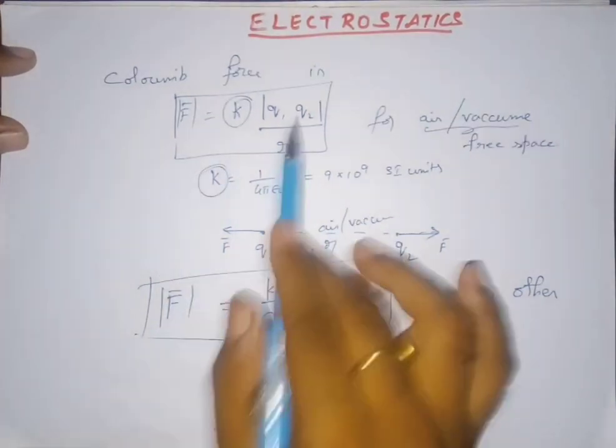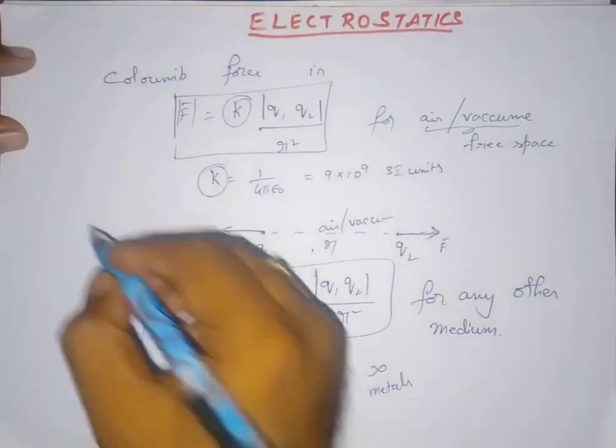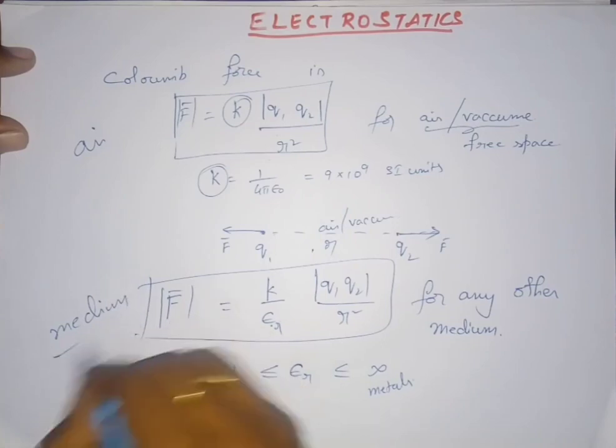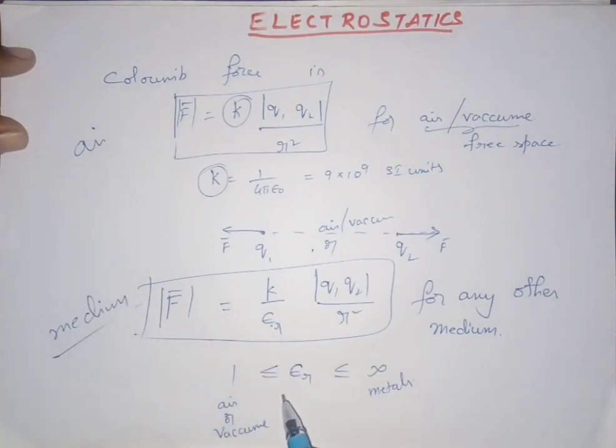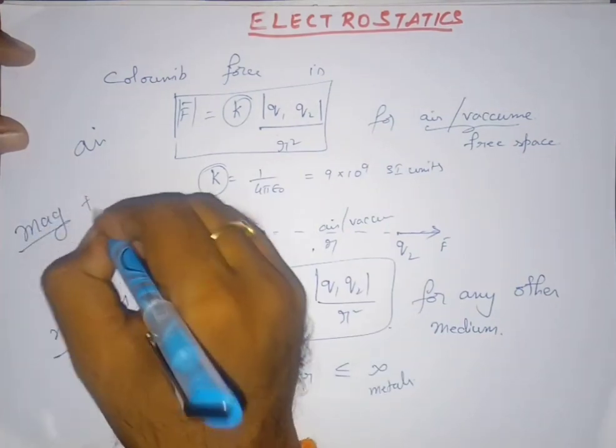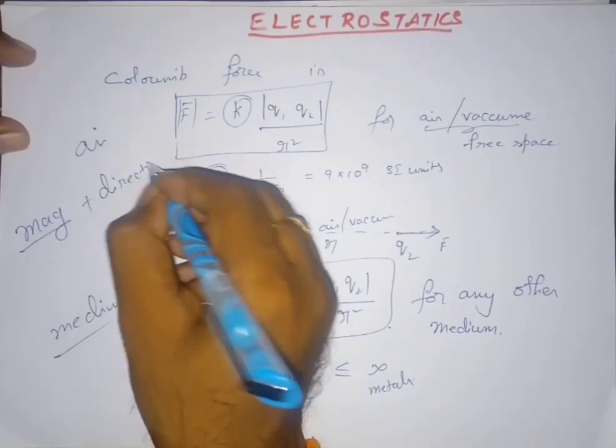Okay, so this is the expression for Coulomb's law. This is in air and this is for any medium. Since epsilon R value is true for any medium including air, you can take it as the most generalized expression. But what we always do is learn magnitude and direction separately.